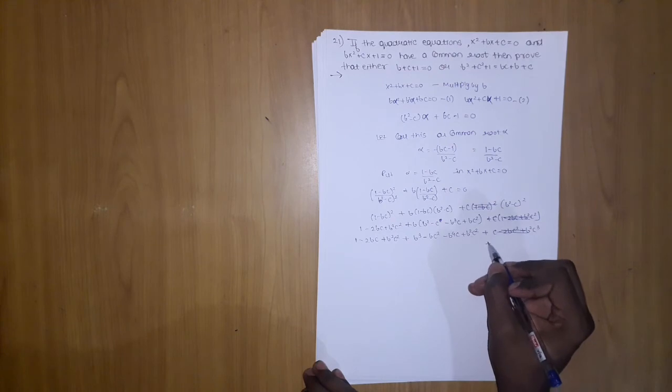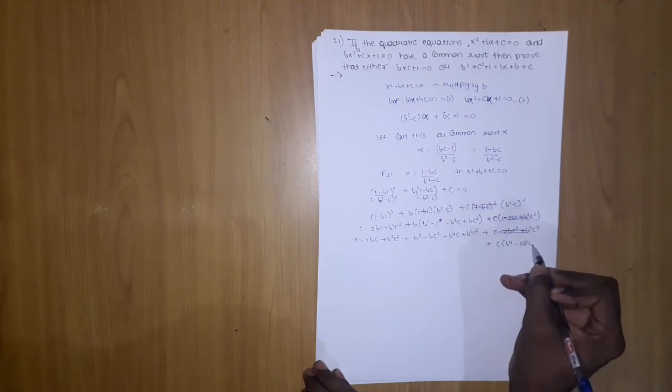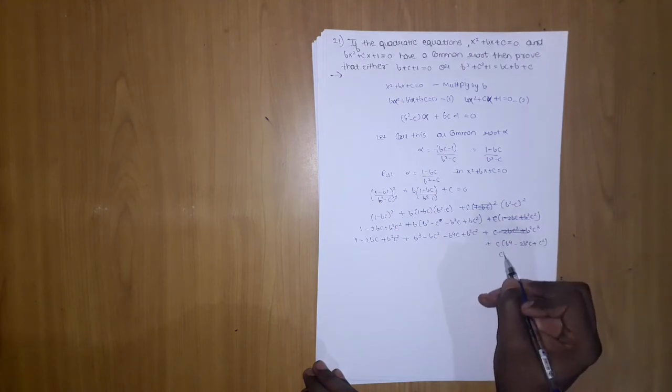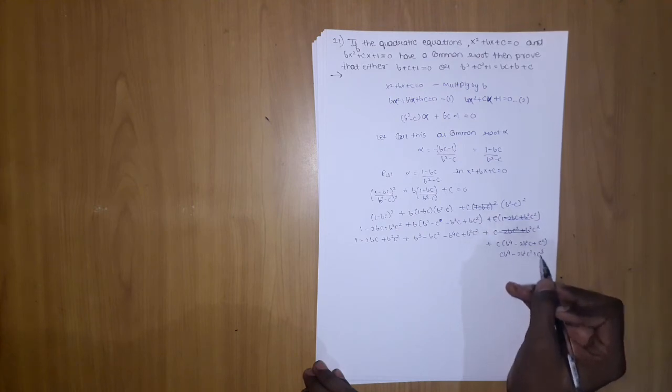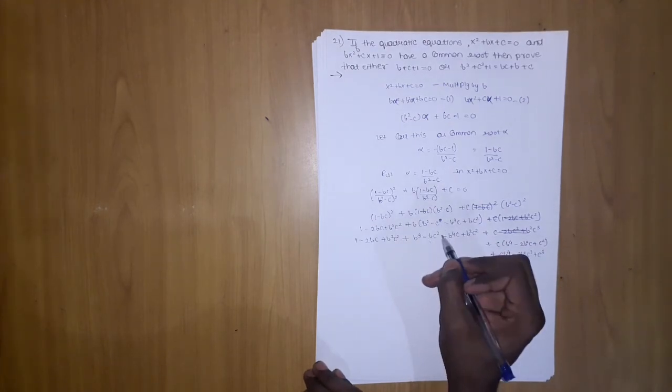This whole term will become c into b raised to 4 minus 2b square c plus c square, and then it will become c raised to 4 minus 2b square c square plus c cube.